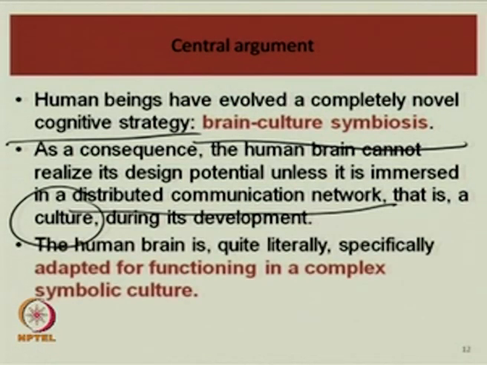Then he says the human brain is quite literally, specifically, this is important, specifically adapted for functioning in a complex symbolic culture. This is very important, okay. We have something called symbolic thought. What is symbolic thought?